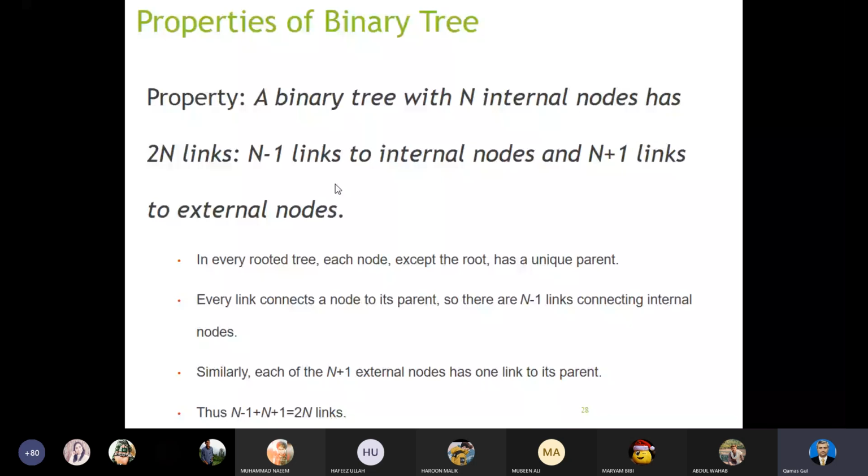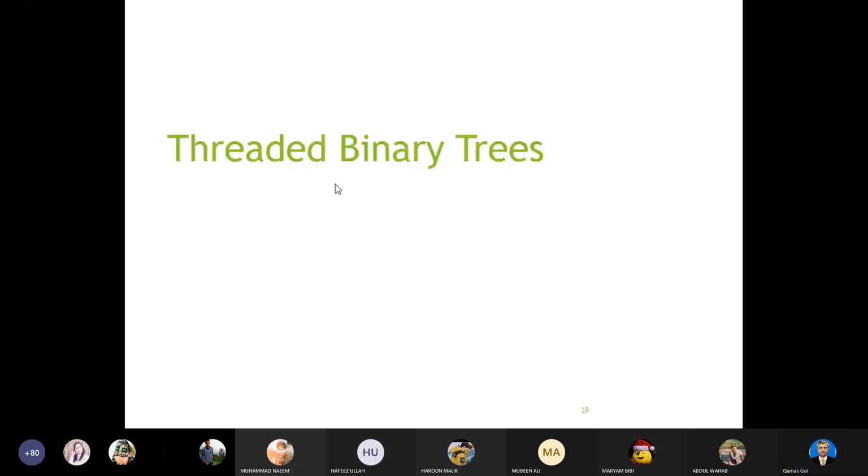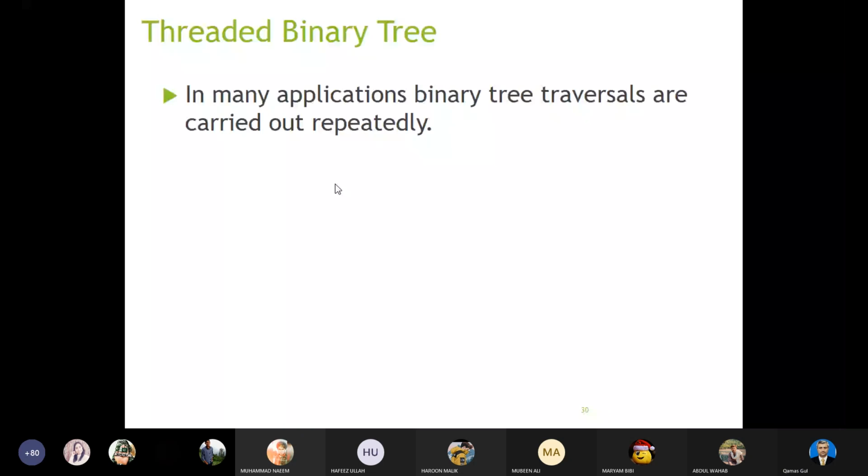Now let's talk about the threaded binary tree. In many applications, if you recall your previous knowledge of binary trees, and especially the traversing schemes you have studied, binary tree traversals are carried out repeatedly.